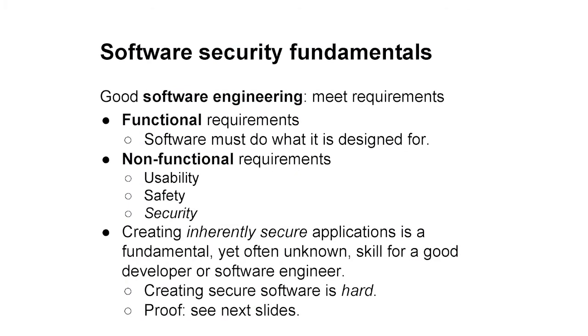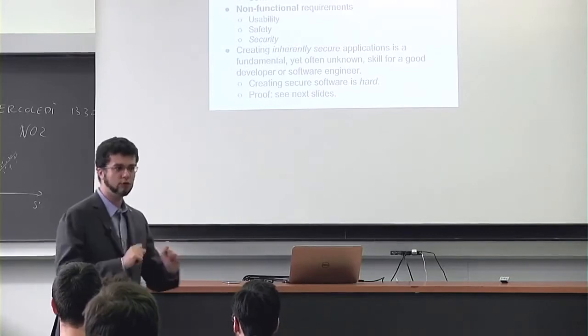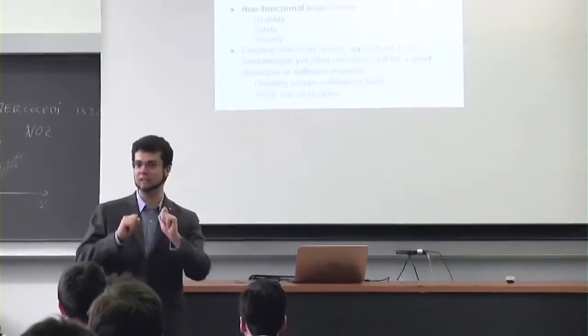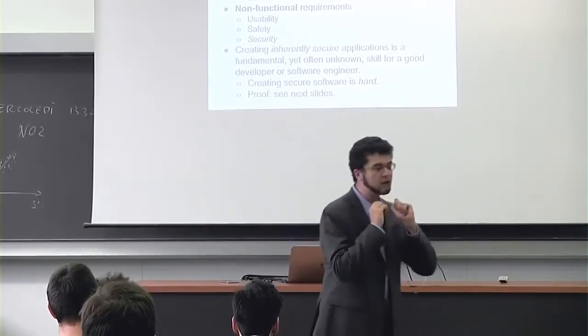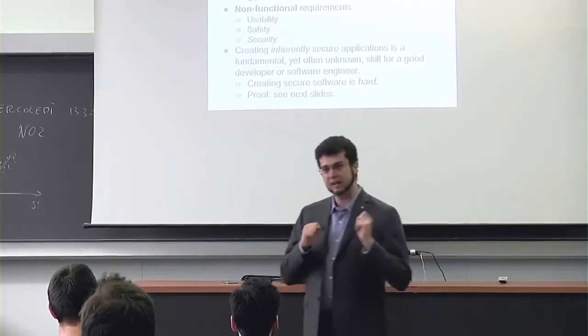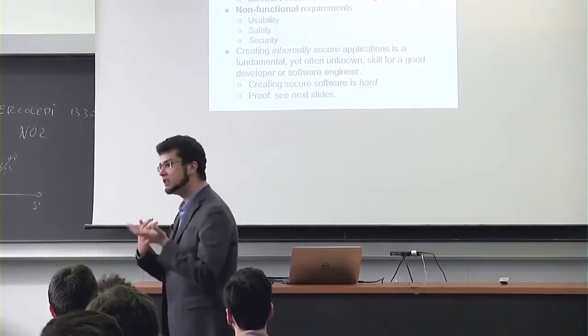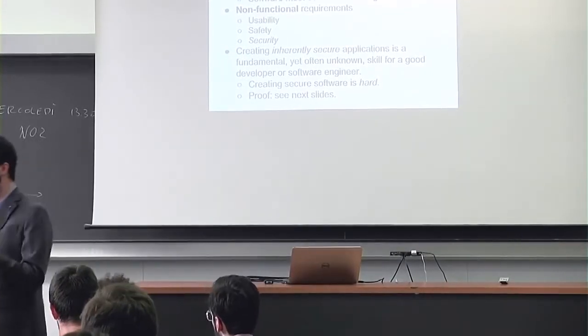So what does good software look like? Well, you have taken classes in software engineering. So my colleagues from software engineering will probably kill me for oversimplifying this and ending up on video with it. But basically, good software engineering means creating software that meets the requirements.